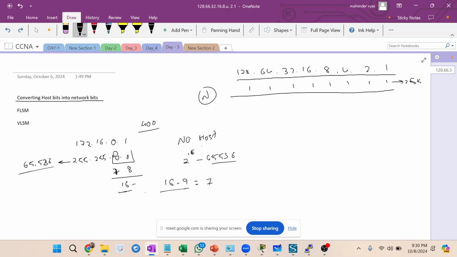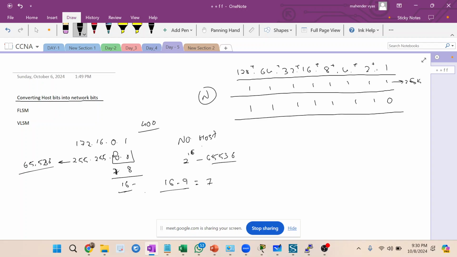Now here I have 7 bits. So what would be the subnet mask now? We write the network from the left side. Calculate this now: 128 plus 64 plus 32 plus 16 plus 8 plus 4 plus 2.